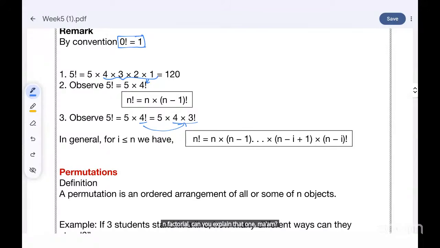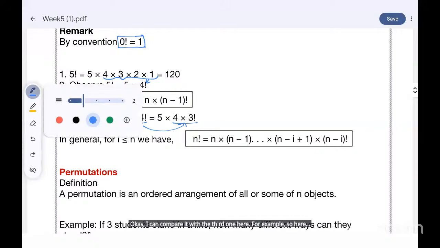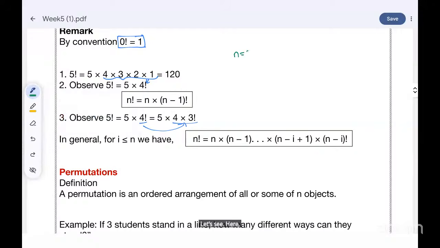Okay, I can compare it with the third one here. For example, let's say here your n is 5, right? So what is n minus 1 for the previous term? So n minus 1 is 4. Now suppose I want to compare 3 factorial with n minus i factorial. It means I am comparing 3 with n minus i.